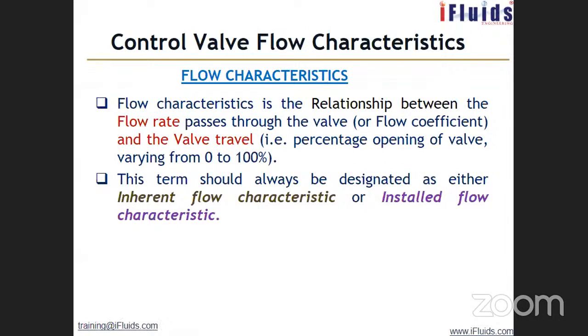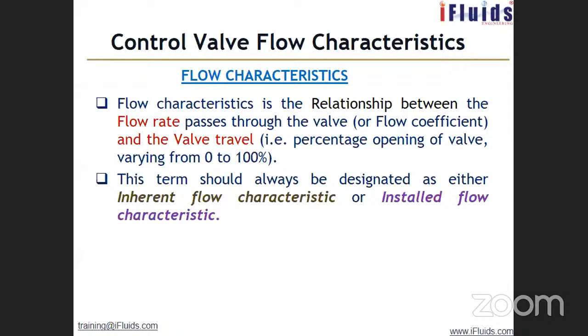So flow characteristics is the relationship between the flow rate that passes through the valve, or flow coefficient, and the valve travel. We know flow coefficient has something to do with the flow rate of the fluid through the valve, and this flow rate is possible because of the movement of the valve, correct?